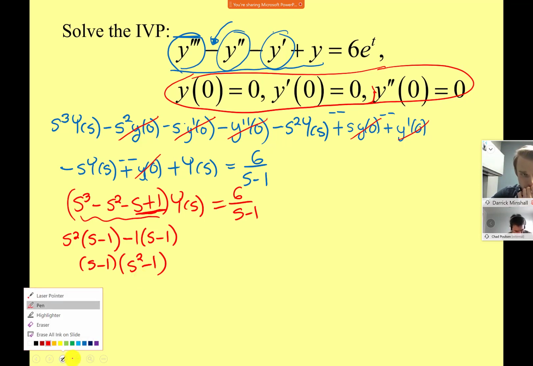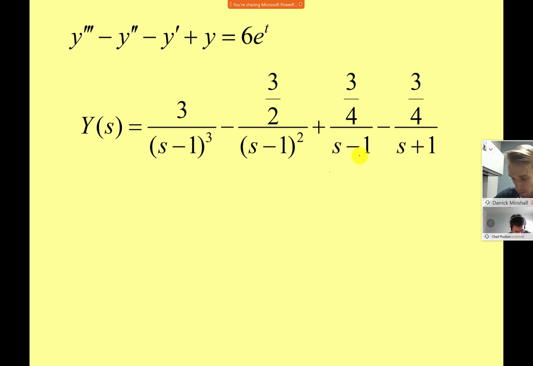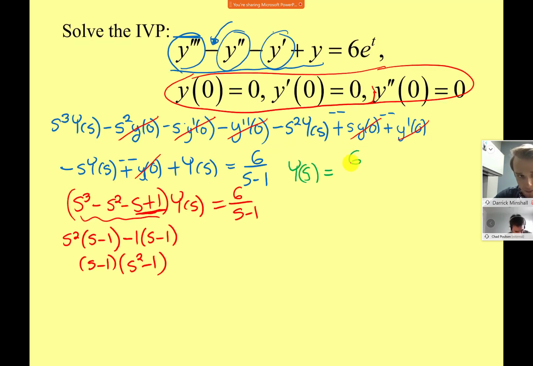Okay, now I'm ready to get the Y of s by itself. I'm going to write it up here just in the interest of screen room. And so I'll have 6 over s, and actually let's take this and factor it some more into s plus 1, s minus 1.